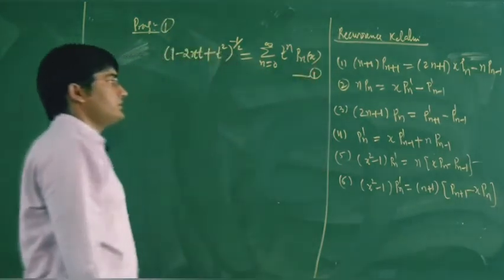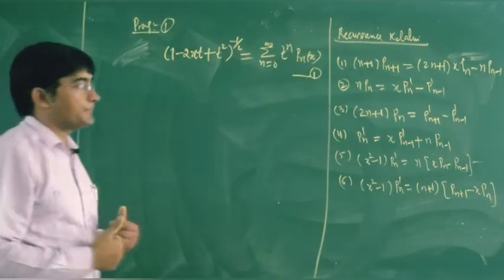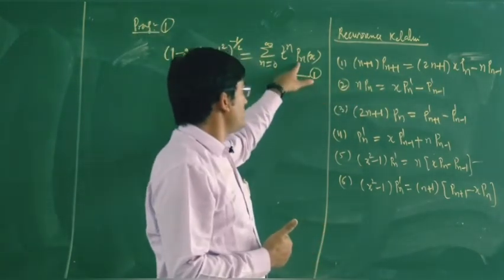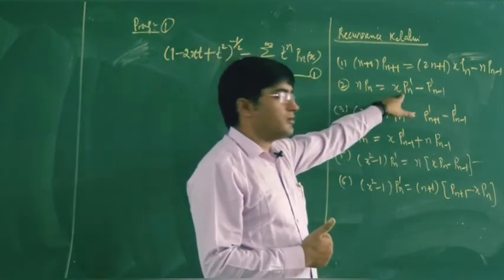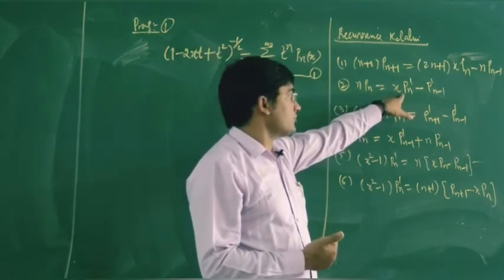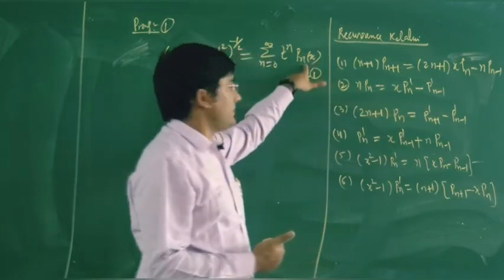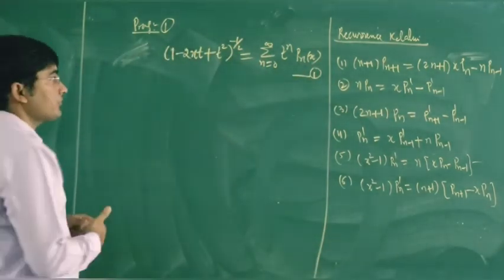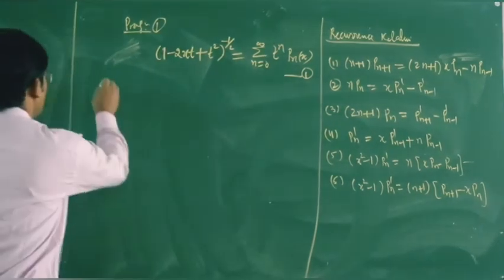Let us differentiate this equation number 1 with respect to t. I am not going to differentiate this one with respect to x, because for that we need the recurrence relation number 2. So for 2 we will differentiate with respect to x, but now for 1 I am going to differentiate with respect to t.